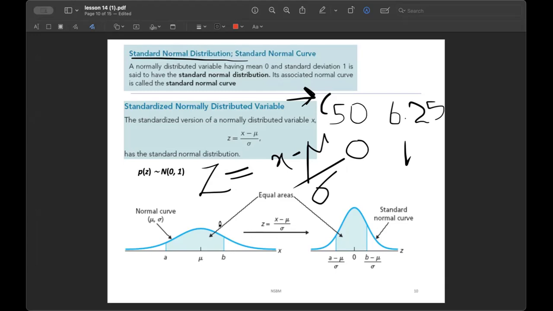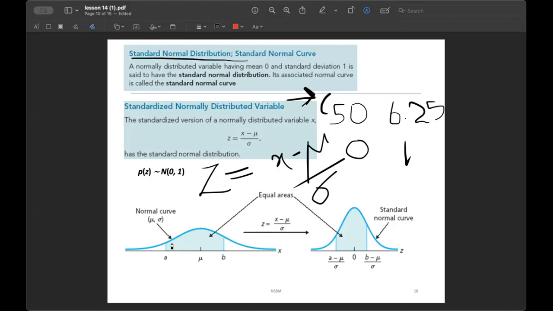So you can see we can have normal curves like this. If it's a normal curve, in the middle we have mu, and the lower limit and upper limit are a and b. But if I convert it into the standard normal distribution, in the middle the mean is 0, and the lower limit will be a minus mu divided by sigma and the upper limit will be b minus mu over sigma, with respect to these a and b values.